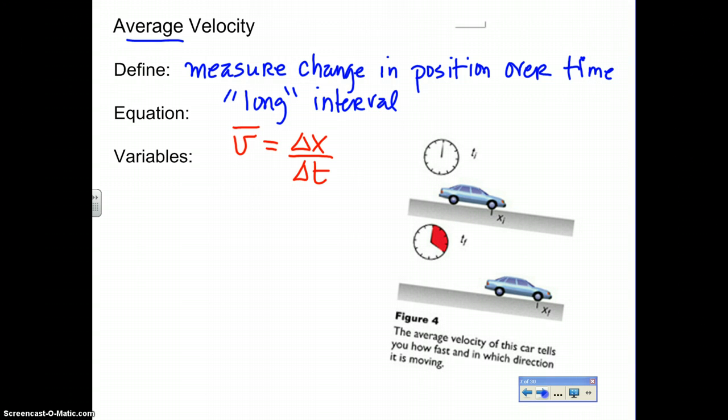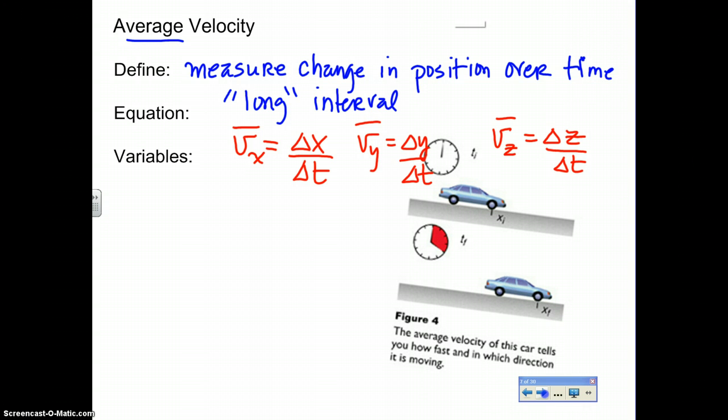Now, because I've indicated that this is horizontal position, it's customary to add the subscript x to indicate that we're talking about an average velocity that's horizontal. We also could have said that the average velocity moving up and down was measured, or the average velocity moving forward and back was measured.